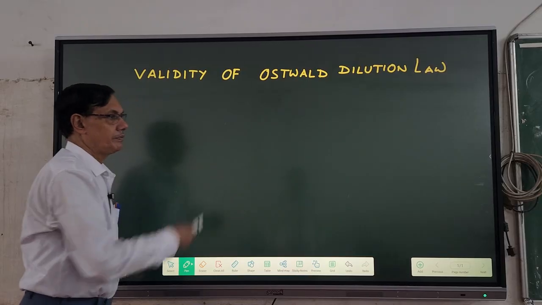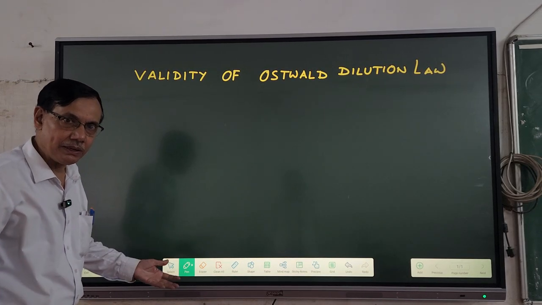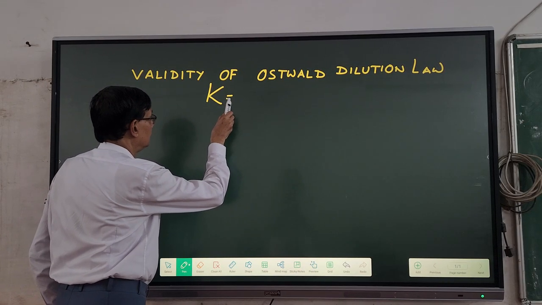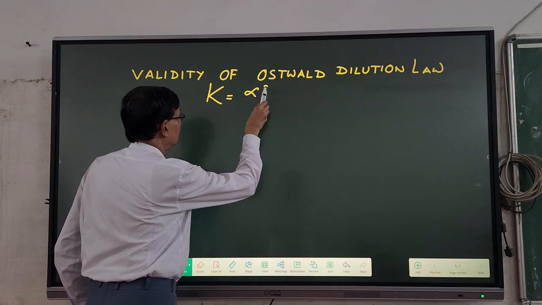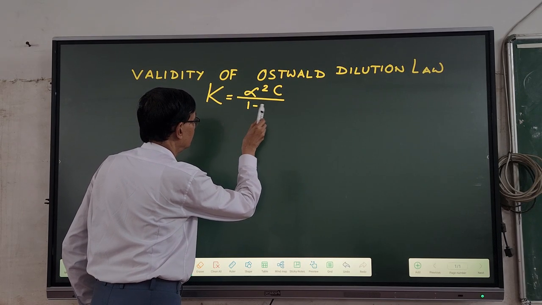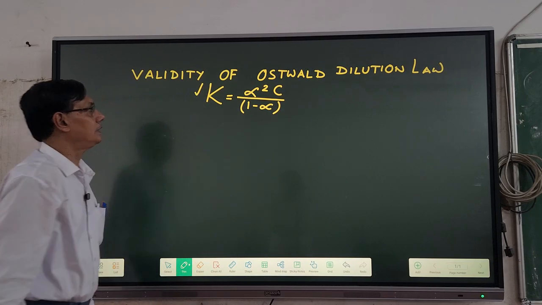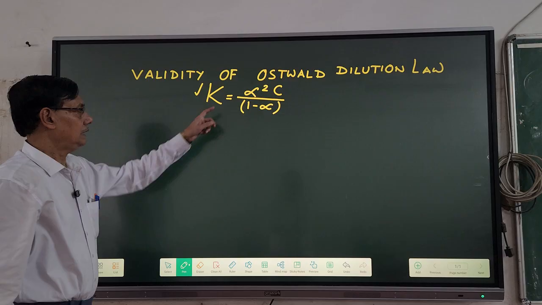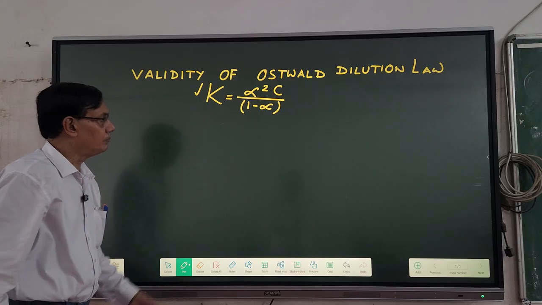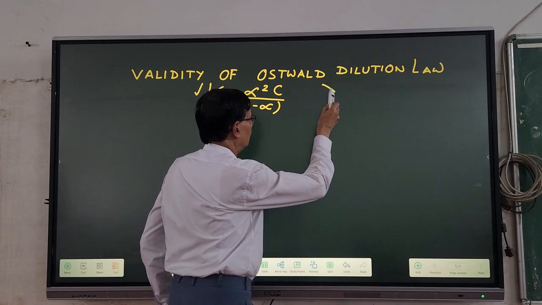Now I am discussing the validity of the Ostwald dilution law. You have seen the application, that means we can determine the dissociation constant of any weak electrolyte using the various values of ionic conductance or even molar conductance.